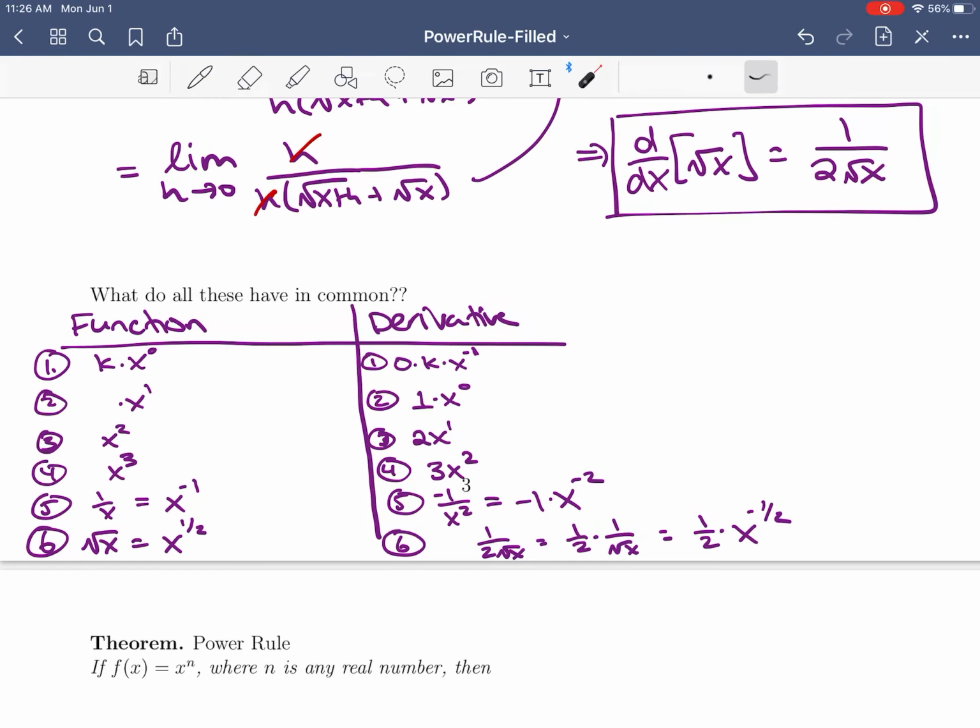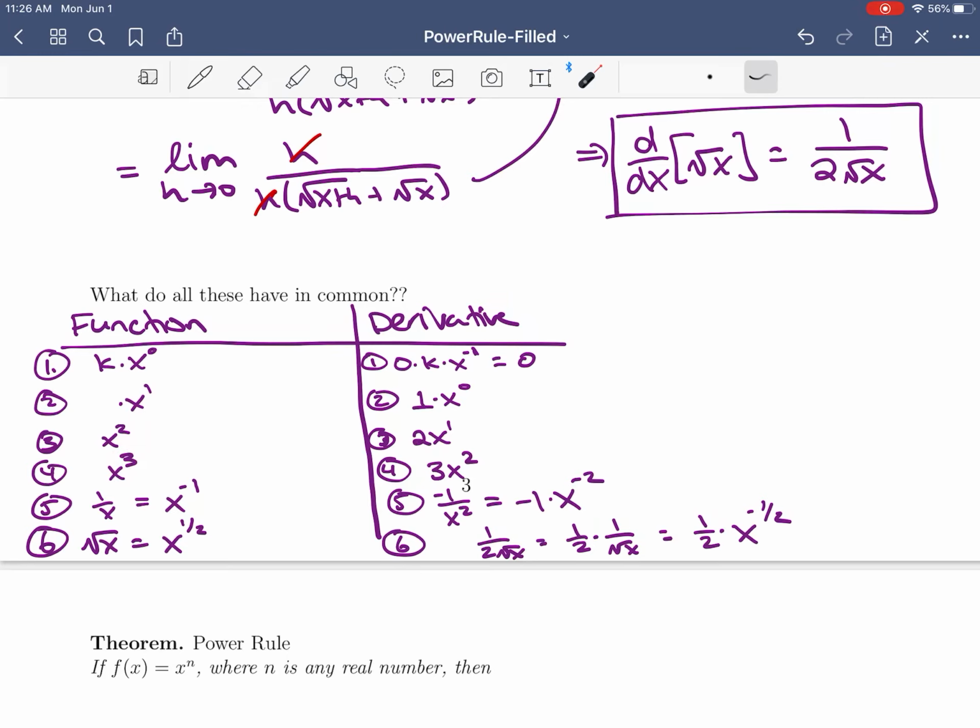So now notice, this one is just 0, the top one. So it's maybe the least obvious. So I had exponent 1. The 1 came down, and then I got exponent 0. When I had exponent 2, the 2 came down, and I got exponent 1. When I had exponent 3, the 3 came down, I got exponent 2.